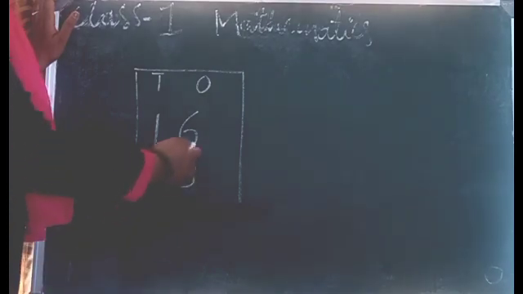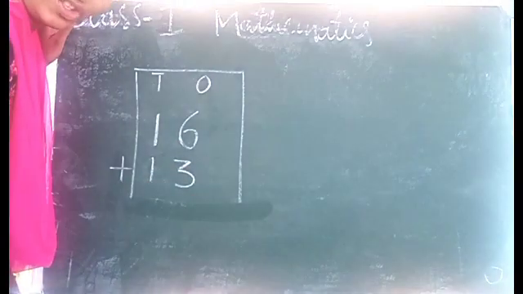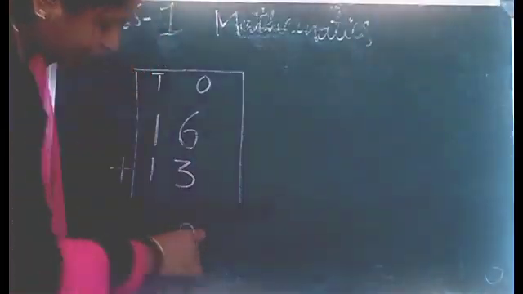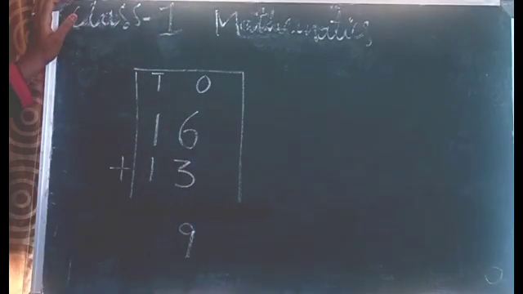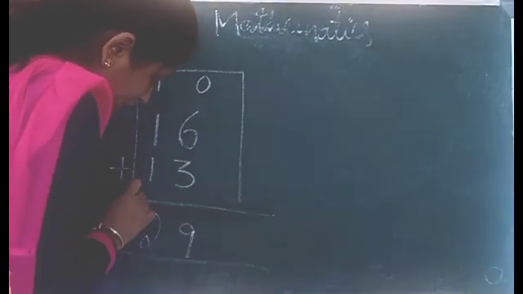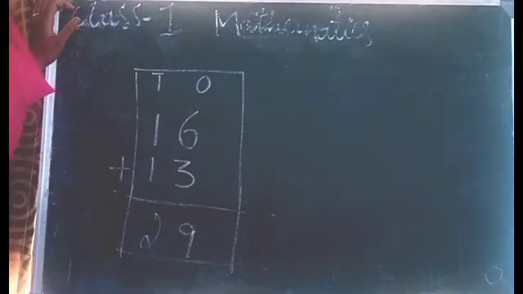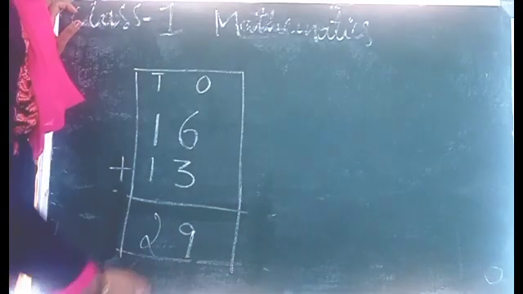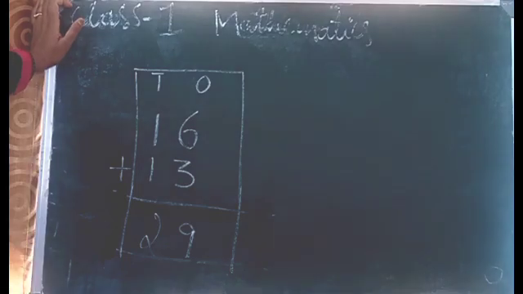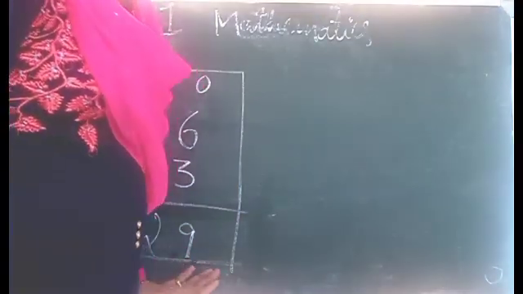Okay, now we need to add these two numbers. 6 plus 3 is how much? 9. 1 plus 1 is 2. So, totally how many pens are there with Ravi? Totally 29 pens are there with Ravi.